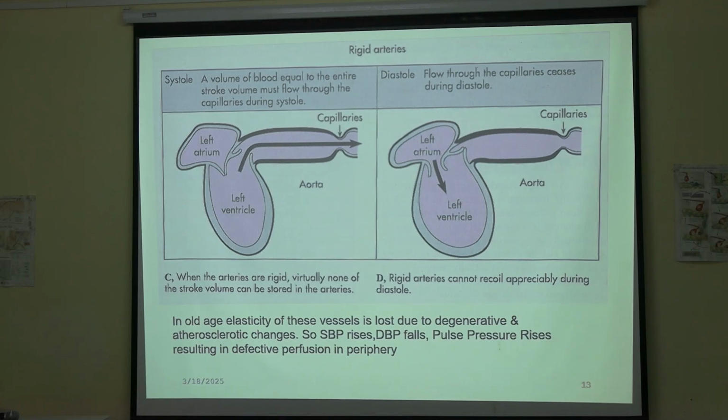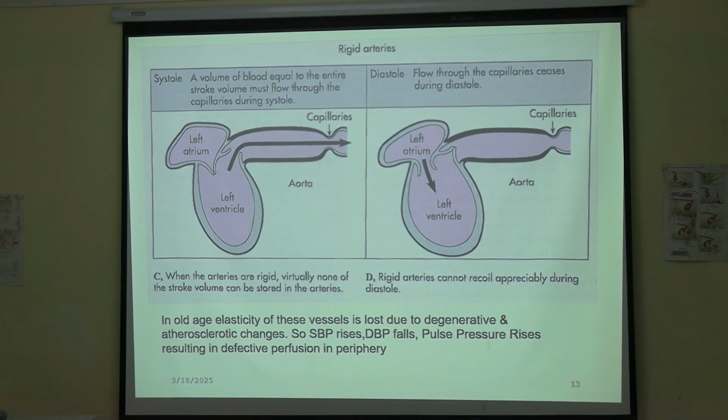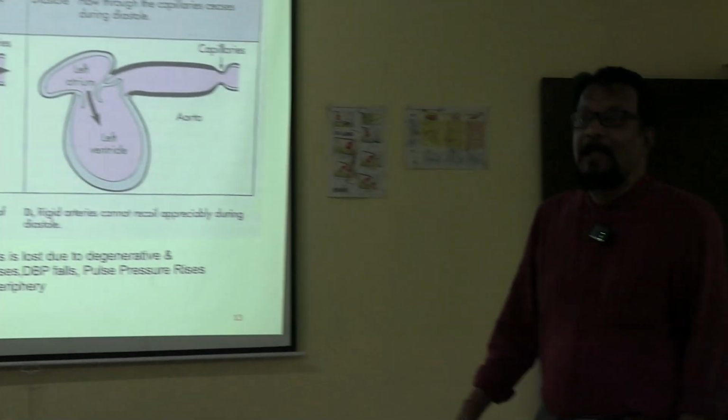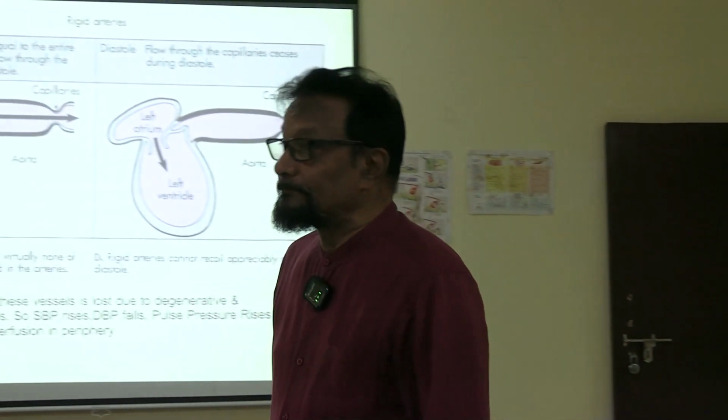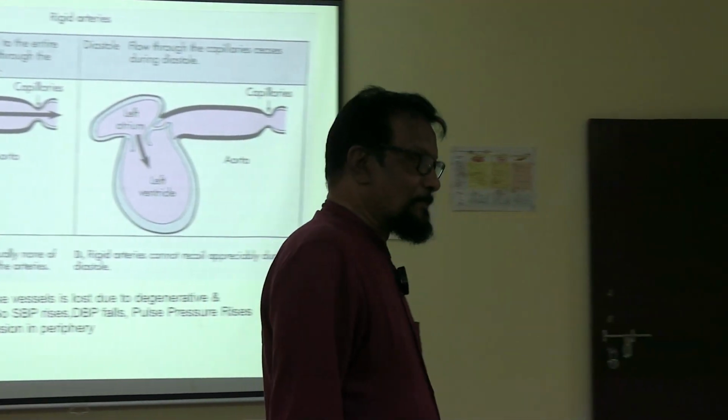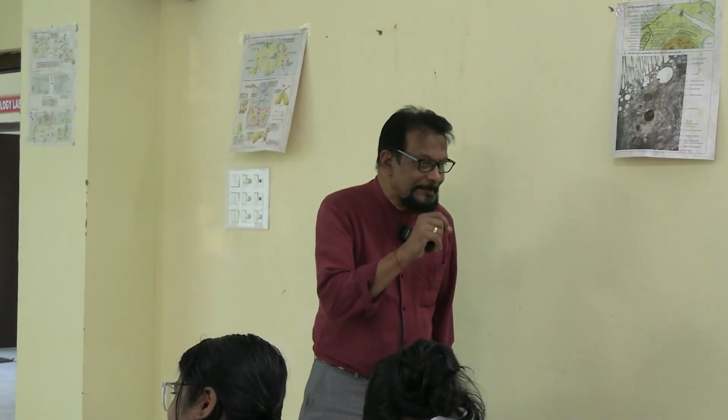But what happens in case of an elderly person, those who are hypertensive? When you are over 40 years, over 45 years, over 50 years of age, you will be losing this compliance. It will become gradually rigid.